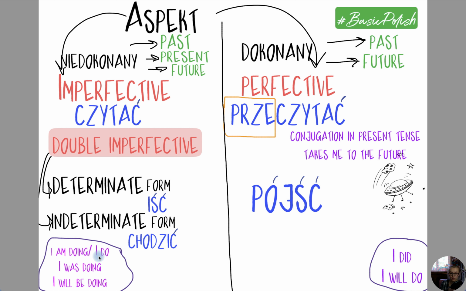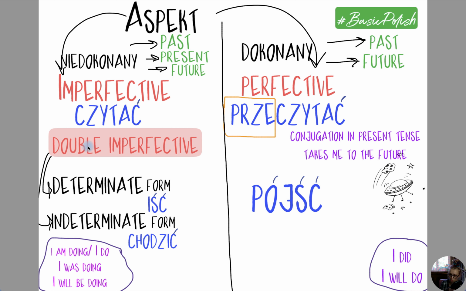Okay, so once again, czytać is not a double imperfective, right? So by conjugating it in the present tense, I can be saying, or I'm saying actually, either I am reading or I read.